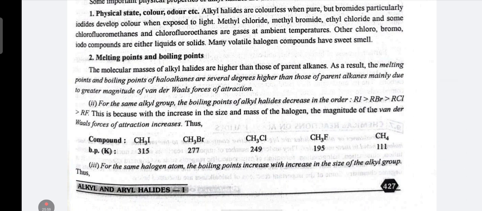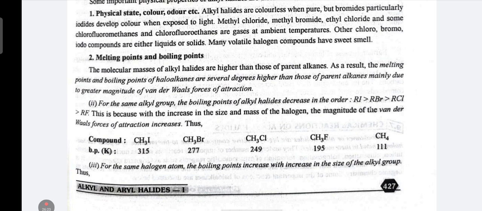Melting and boiling point. The molecular masses of alkyl halides are higher than those of their parent alkanes. As a result, the melting points and boiling points of haloalkanes are several degrees higher than those of the parent alkane, mainly due to their greater magnitude of van der Waals forces of attraction.